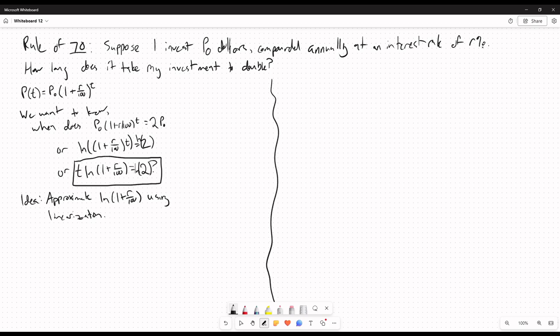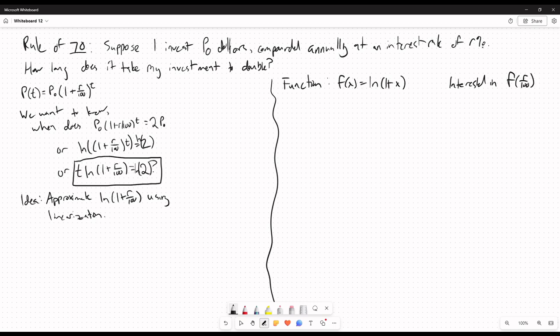So what do we know? Well, we have a function. My function is going to be f of x equals natural log of 1 plus x. And we're interested in f of R over 100.